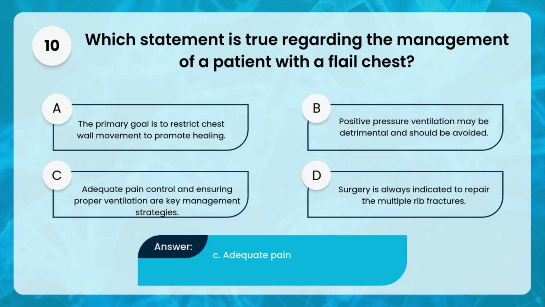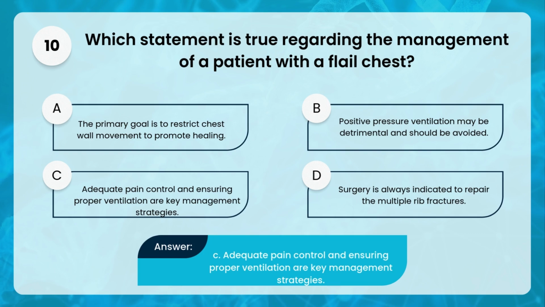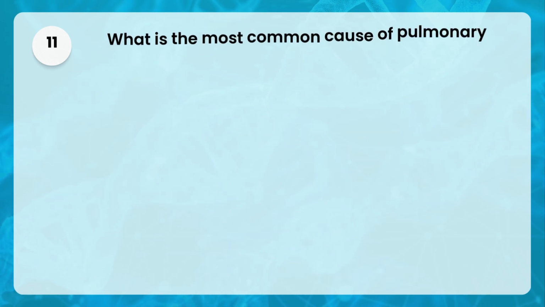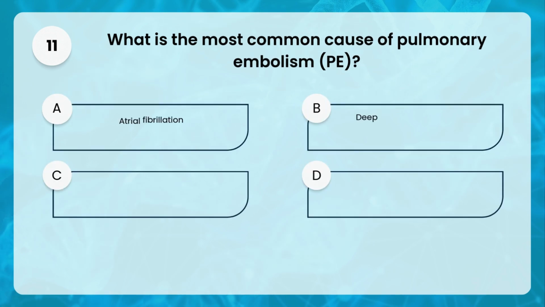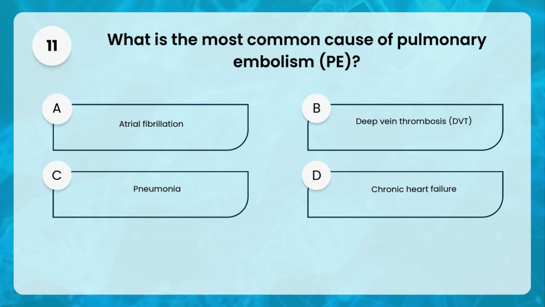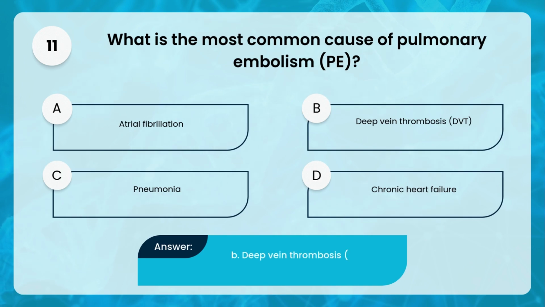The answer is C. Adequate pain control and ensuring proper ventilation are key management strategies. Number 11. What is the most common cause of pulmonary embolism, PE? A. Atrial fibrillation. B. Deep vein thrombosis, DVT. C. Pneumonia. Or D. Chronic heart failure. The answer is B. Deep vein thrombosis, DVT.